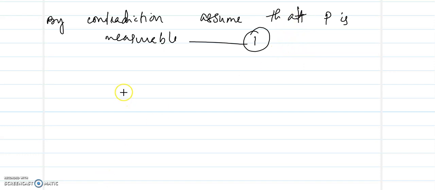We know that the rationals in [0,1) are countable. The set of all rationals is countable.